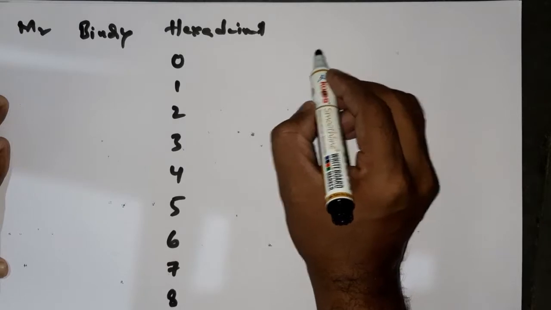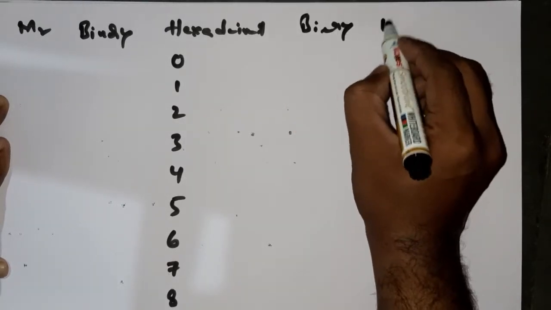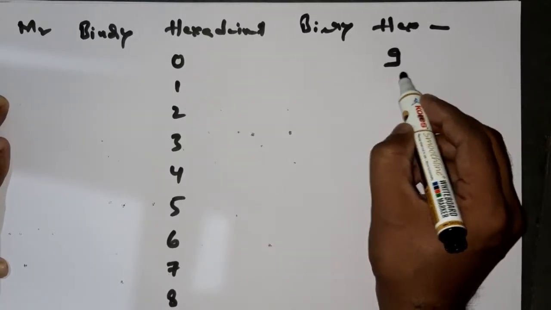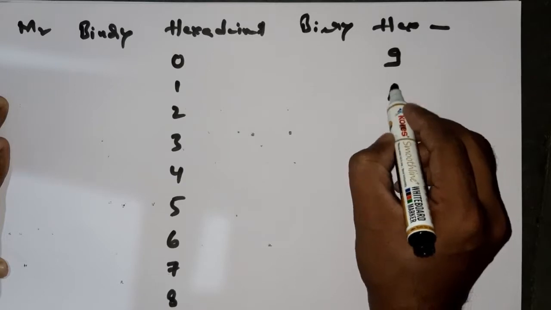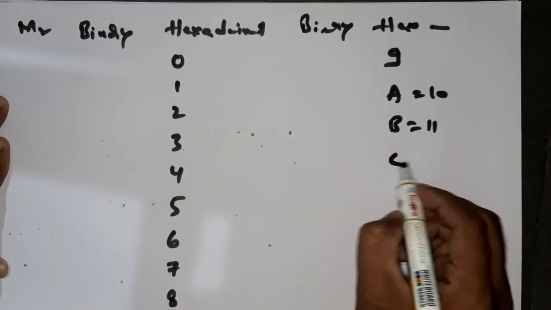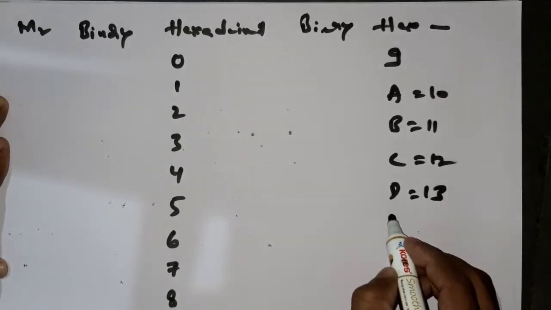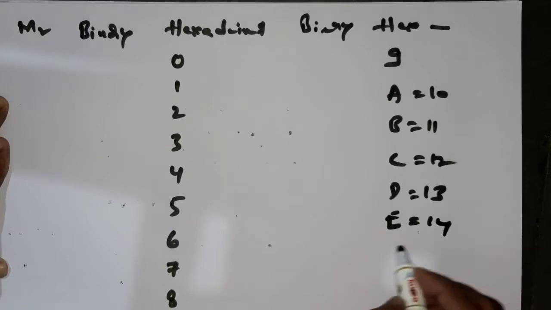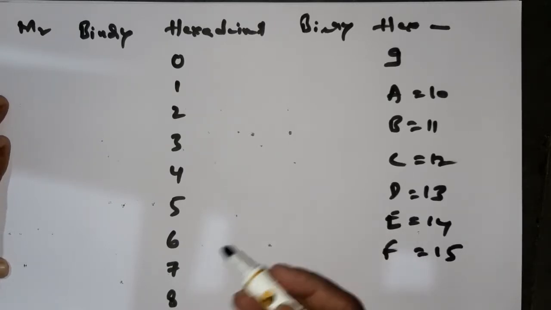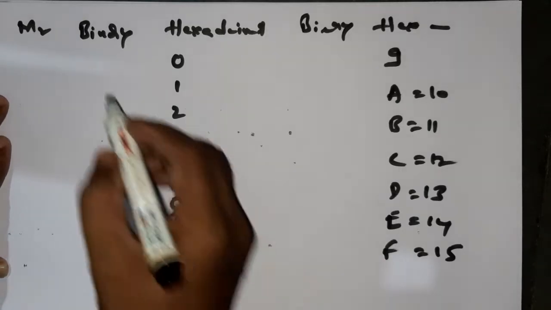Okay, again I am writing here binary and hexadecimal. Next number we have 9. After 9 we have A, that is nothing but 10. B, it's nothing but 11. C, 12. D, 13. E, 14. 15, F we say. Okay, now we write the relevant equivalent binary value to this.